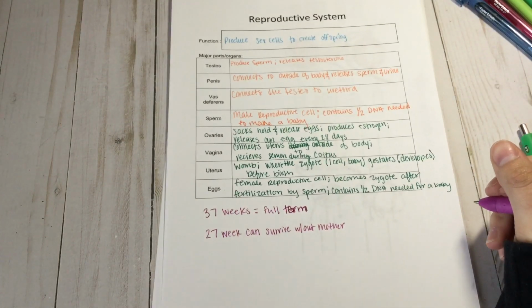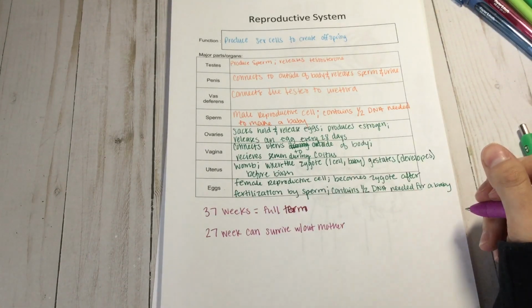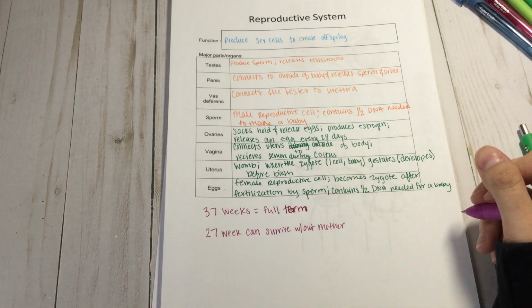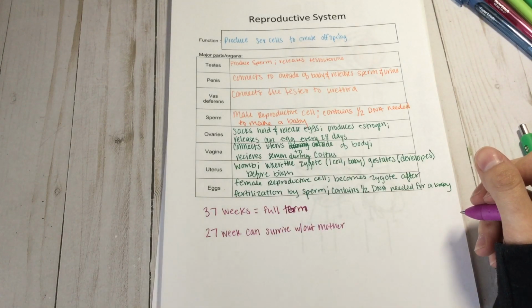So premature babies born after about the 27-week mark have a higher chance of surviving to being a toddler. If it's before 27 weeks, its chances are slim.